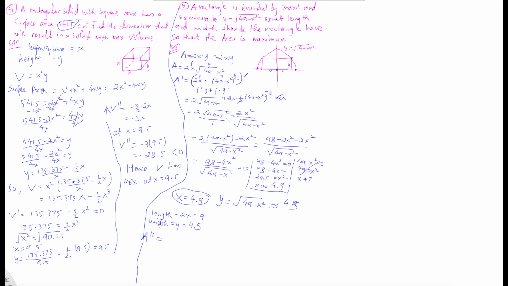So you get (98 minus 4x squared) divided by the root of (49 minus x squared), and you need to take the prime of that, using the quotient rule. If you use the quotient rule to find the second derivative, how would that look?